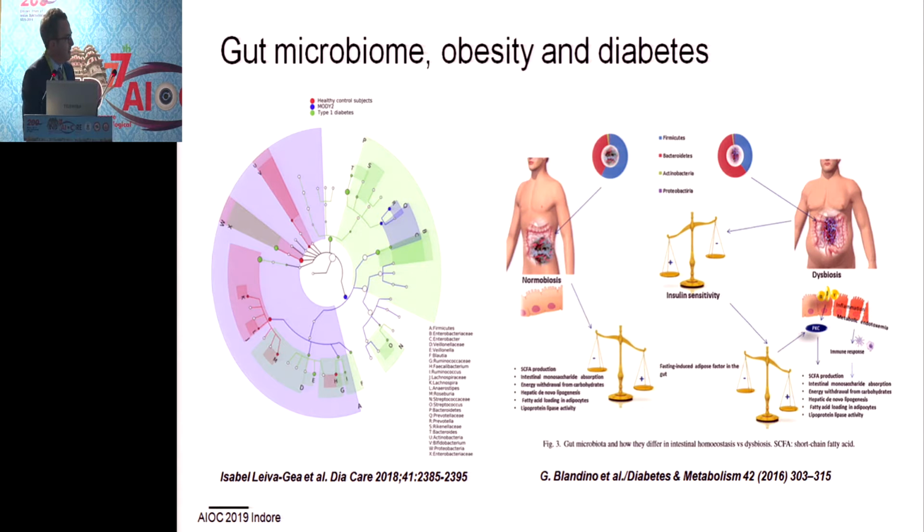So there is an alteration in the gut microbiome in patients with AMD, and this is also true for obesity, where it has been shown that patients have a significantly altered gut microbiome.